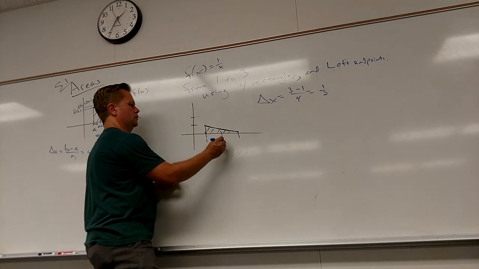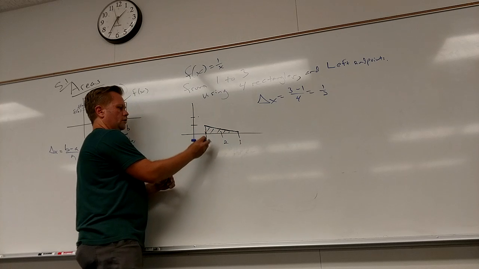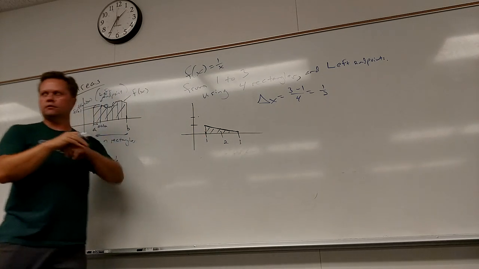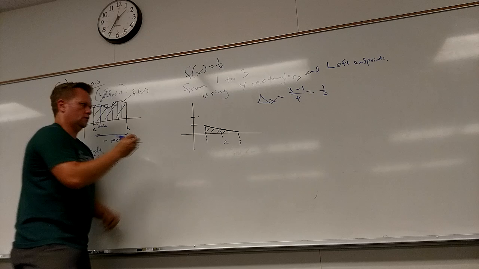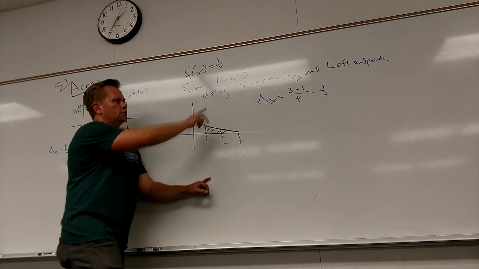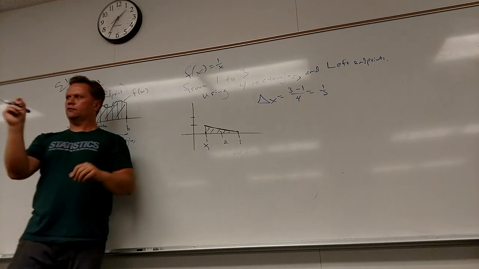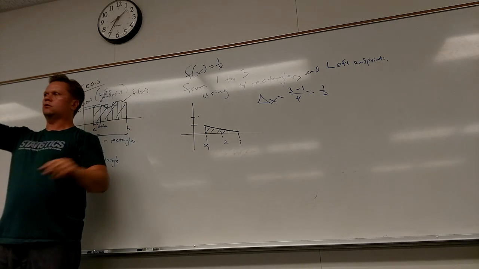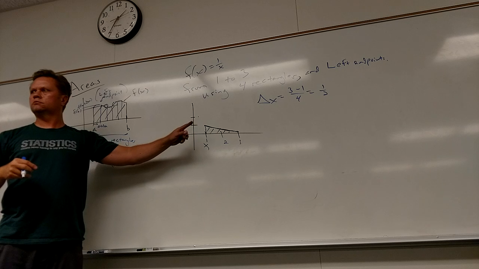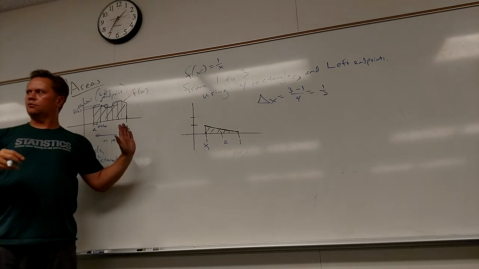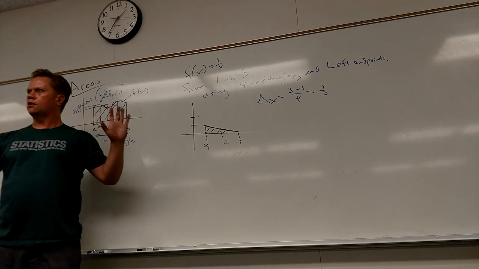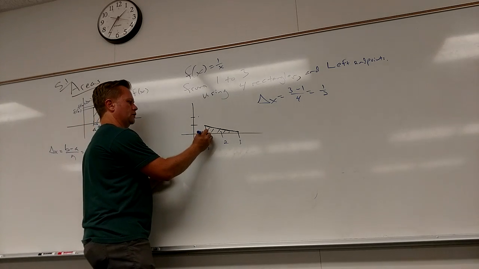So a is 1. And let's be a little more specific. We're using left endpoint, so x1 will be 1. Left endpoints means the first rectangle will be as tall as it is at 1. That's the left endpoint. When I draw this first rectangle, what's it going to be between?